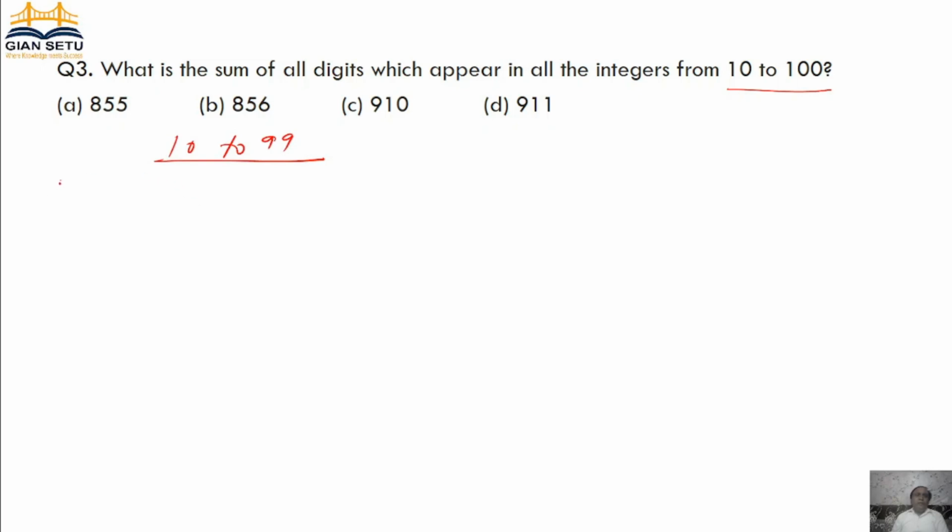Now first we add all the digits which come at units place. So sum of all unit place digits.